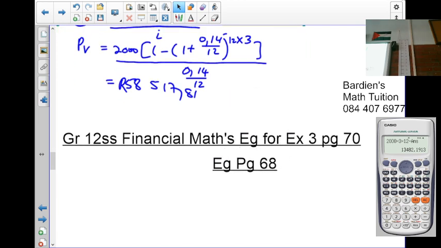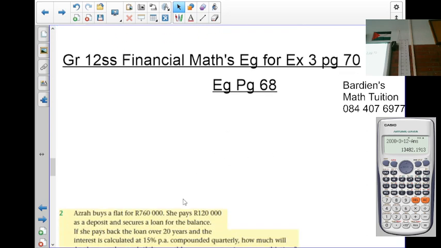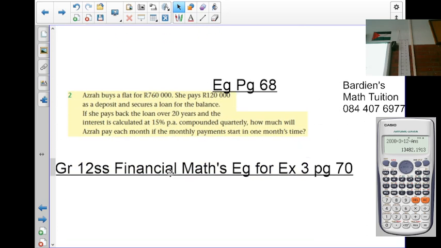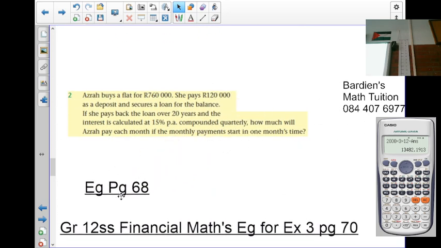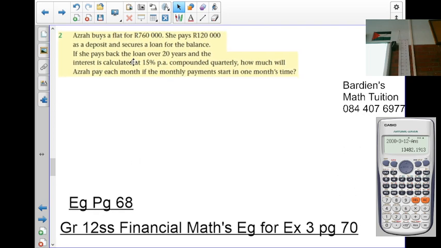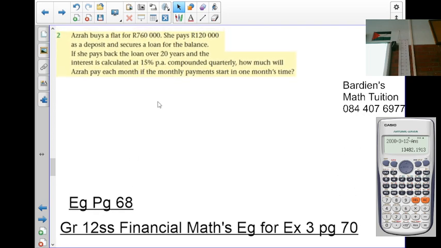Example 2. We are told that Azra buys a flat for 760,000 rand. She pays 120,000 rand as a deposit and secures a loan for the balance.